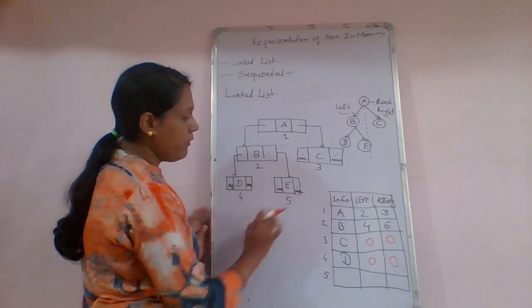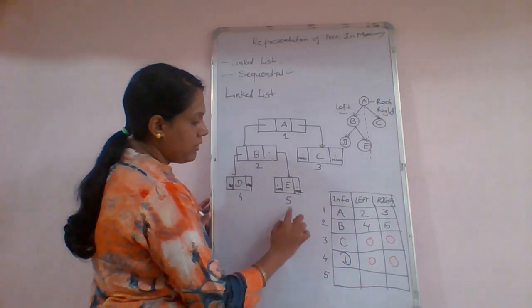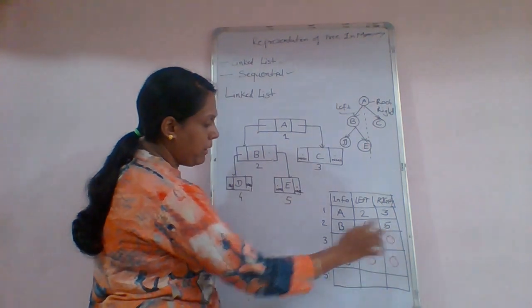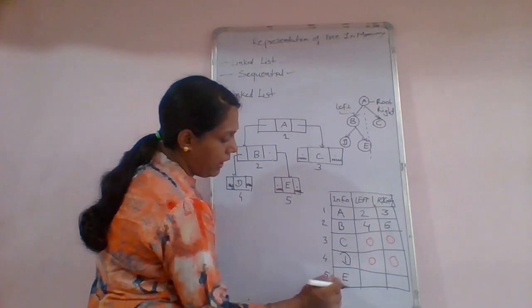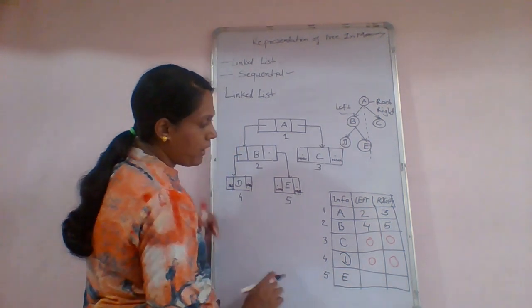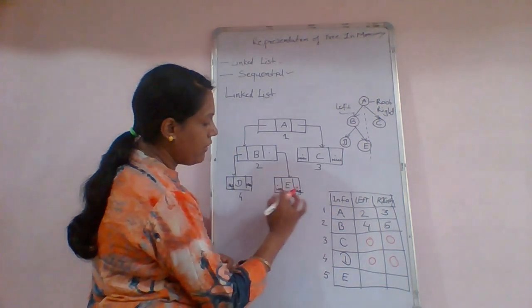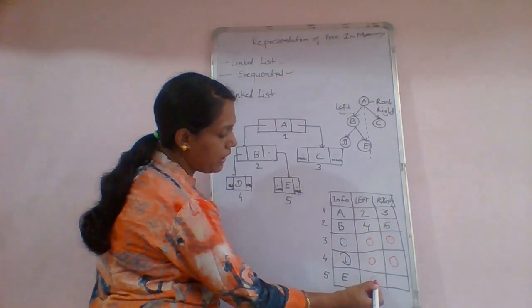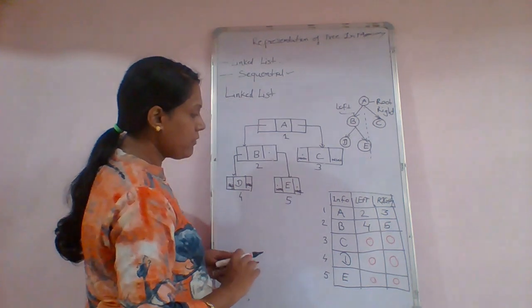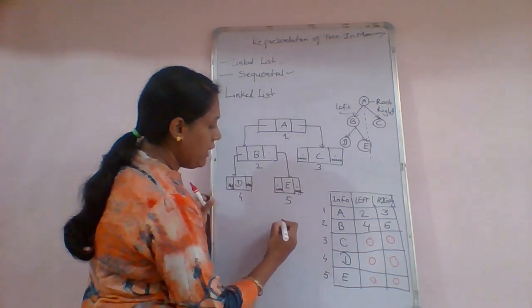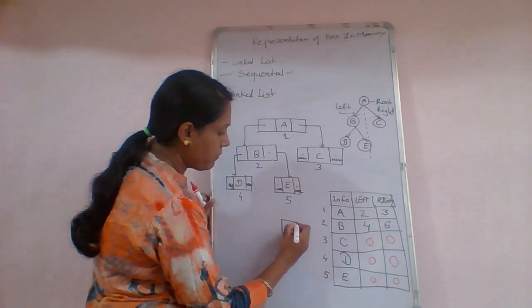And when we consider the fifth one, that is the right part, the info part is E. So we have written E in info at the fifth place. And for that, left and right are null as it doesn't have any child, so we are going to write 0.